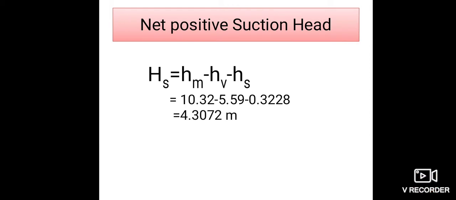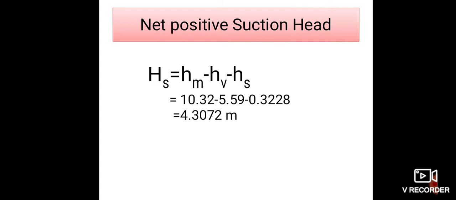Now, net positive suction head. What is meant by net positive suction head? Basically, on the suction side the water pressure falls below atmospheric, so vacuum is created, but that pressure should not fall below the vapor pressure. If the pressure falls below the vapor pressure, then cavitation will start.